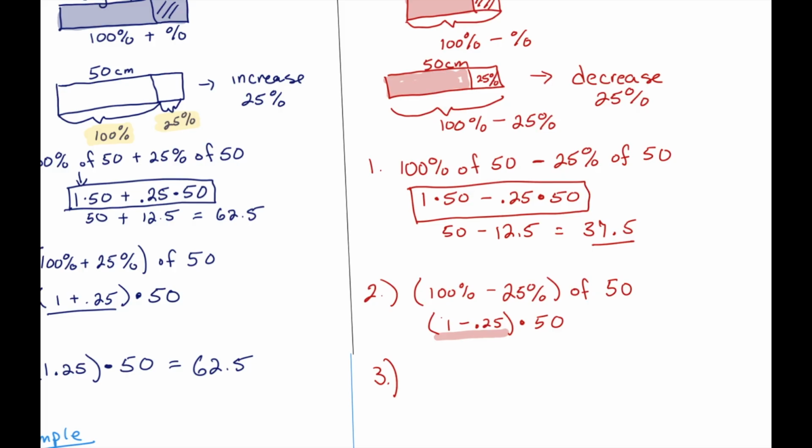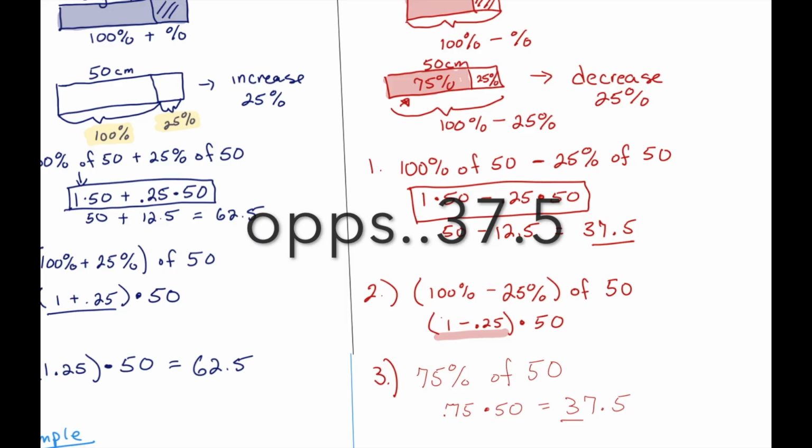Okay, so that percentage, which will be 75%, because 100% minus 25 will give me 75. So that's 75% of 50, which will be 0.75 times 50, which also gives me 37.5.